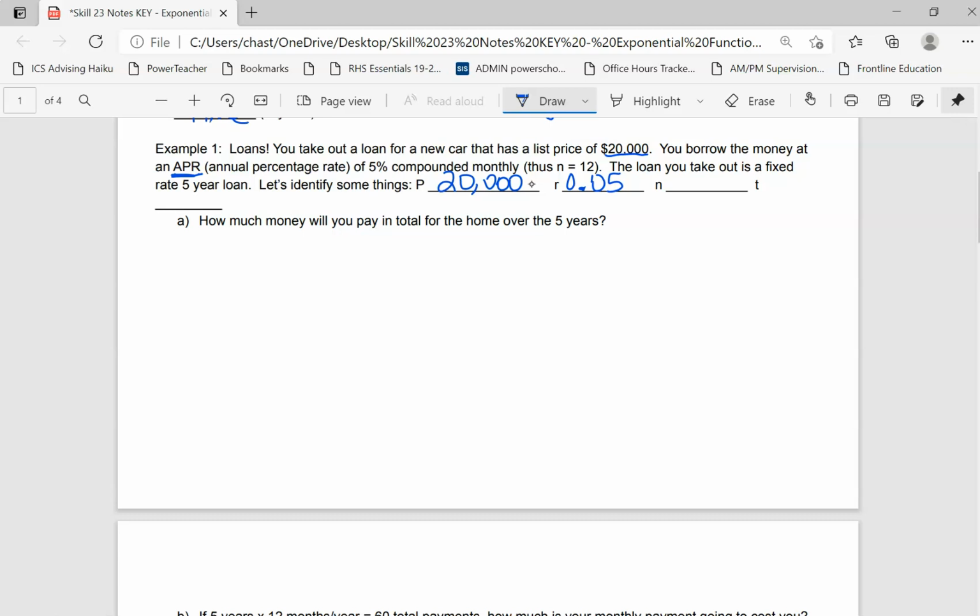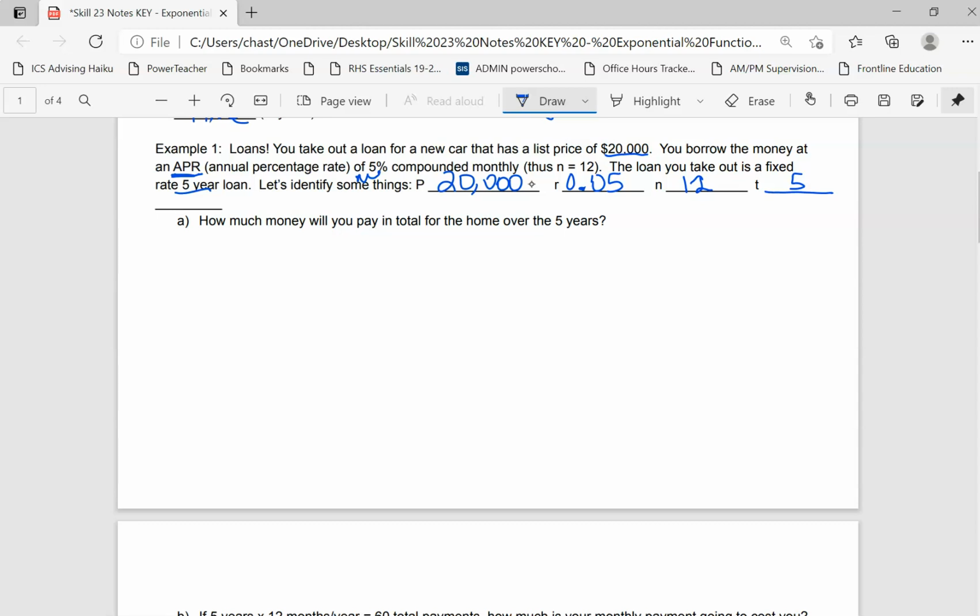Remember, we just slide that decimal to the left 2 places. We're going to compound monthly, which means there will be 12 compound periods. Our T value is how many years we have it. It looks like it's a 5-year loan, so T is 5.